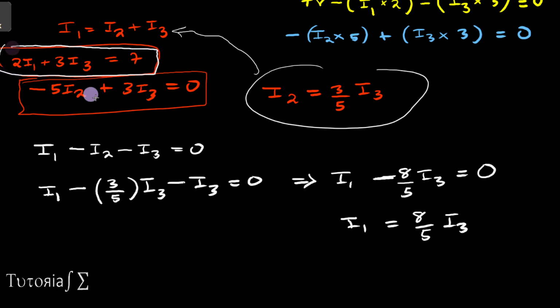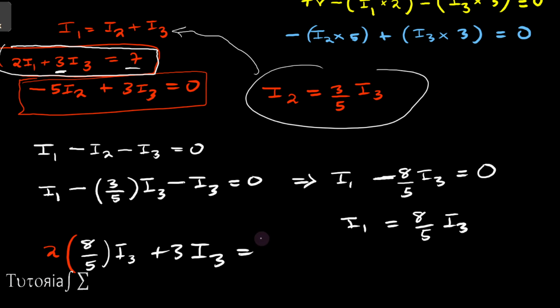Okay, and what we can do is replace it in this equation here, which is our equation 2, so that we have 2 times our I1, which is 8 over 5 I3, plus 3I3 equals 7.